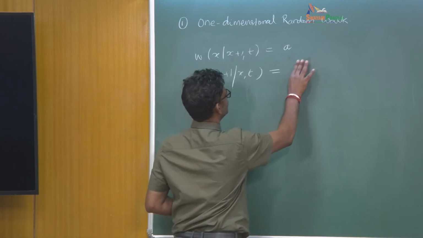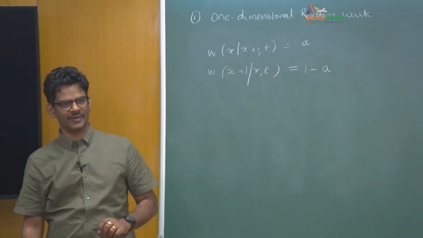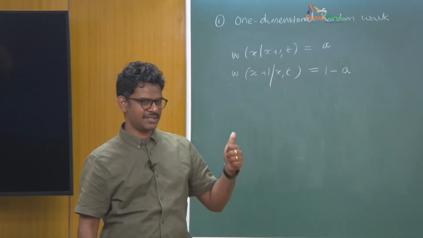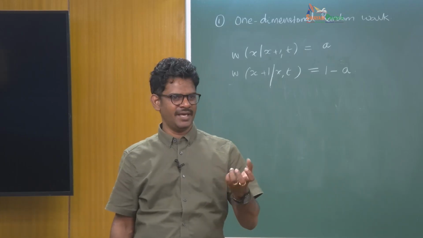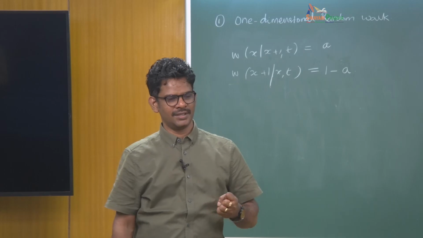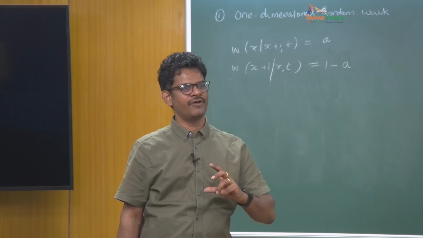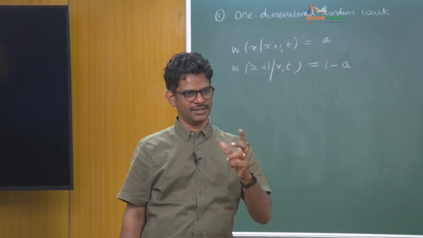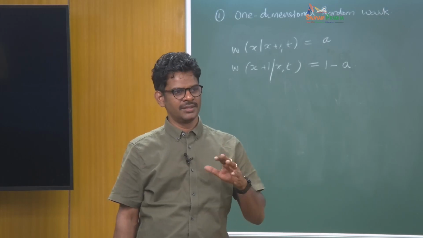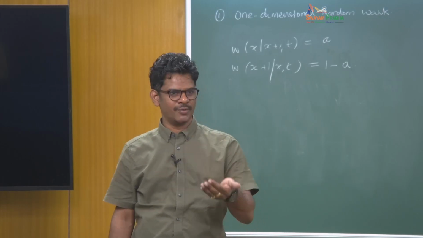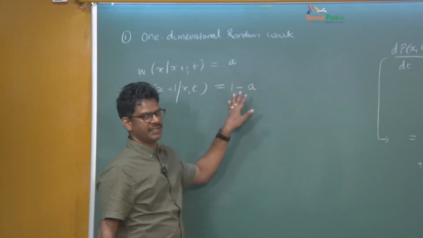Okay, that's a valid definition, but by doing this, what are you doing? Suppose you take a equal to 0.1, then 1 minus a is 0.9, so you are biasing the two jumps. You are favoring one side of the jump more often than the other. But we know that for Brownian motion, a one dimensional random walk, the probabilities to jump forward and backward are equal. So if this is a, this also has to be a.